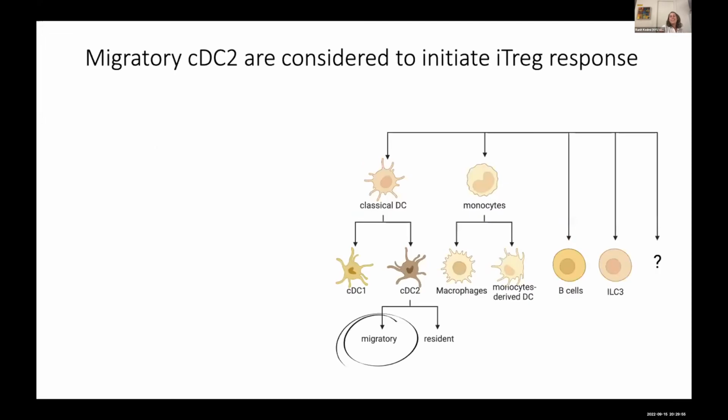Our early experiments suggested that migratory cDC2s, in agreement with the dogma in the field, are the ones that initiate the Treg response.